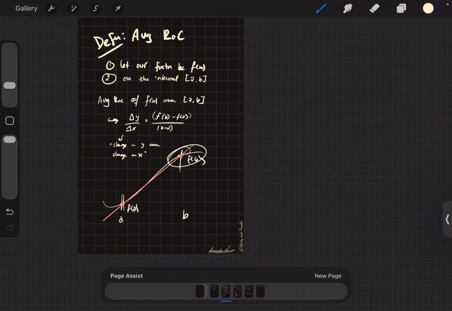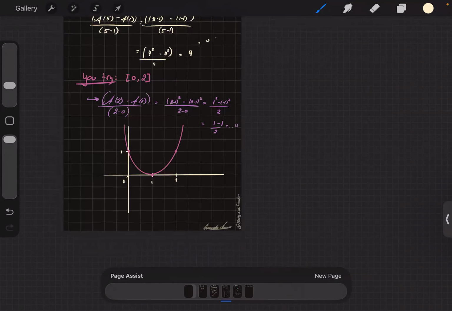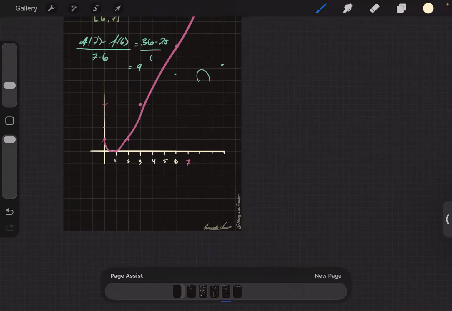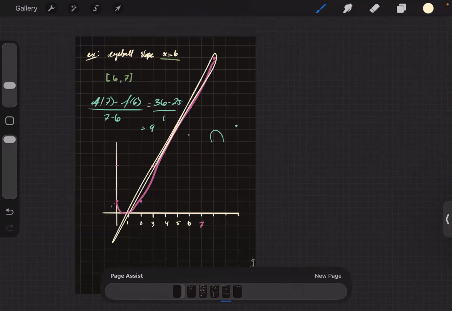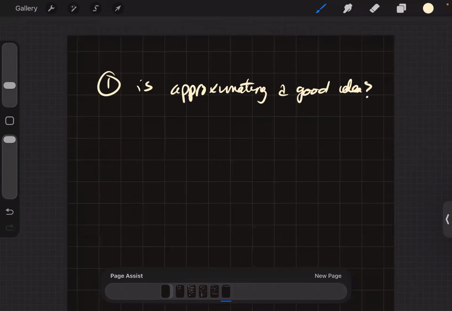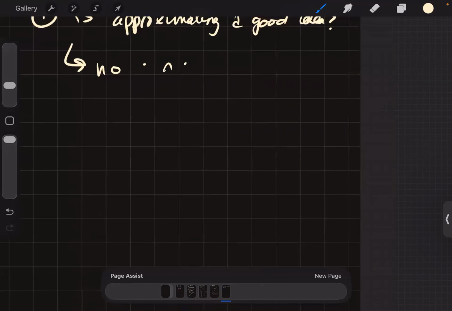Does that slope look kind of okay-ish? Was approximating great here? Was approximating good here? And I'm going to say I don't think it is, because when you approximate, if I choose something different and you choose something different, we'll end up with different answers.